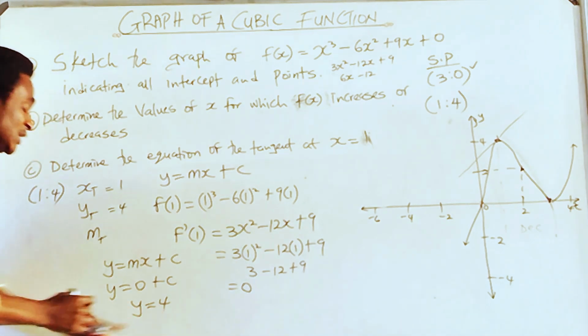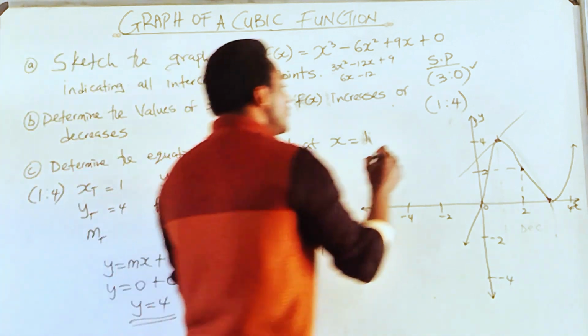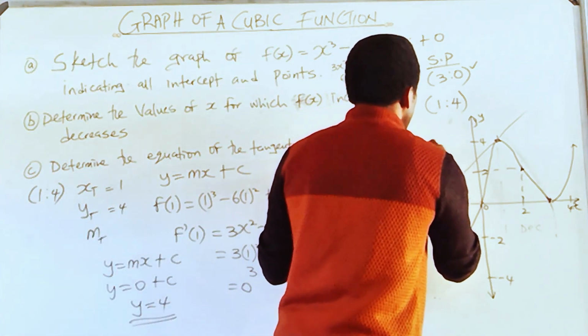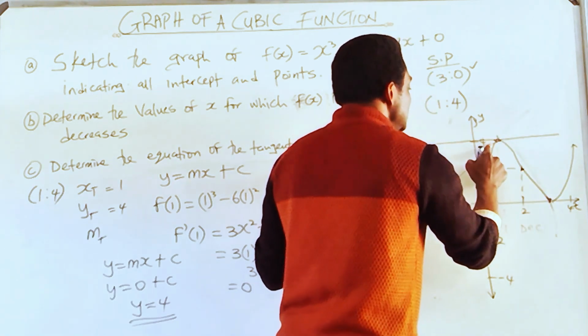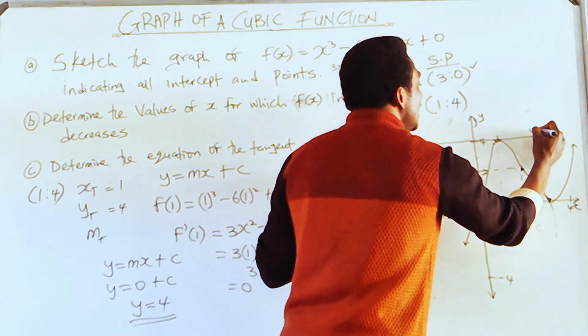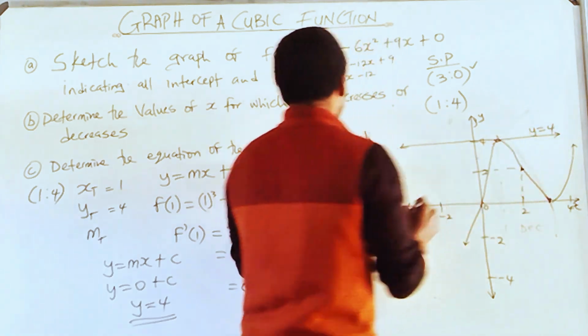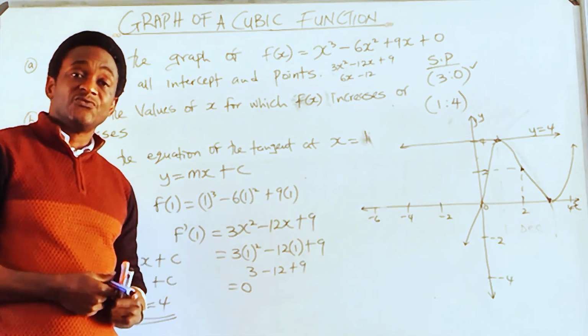That is what the equation of the tangent is going to be. So to sketch that graph, we have a horizontal line, and that is the tangent equation for this. So the tangent equation at x equals 1 will give us y equals 4.